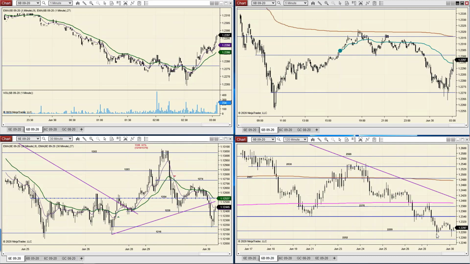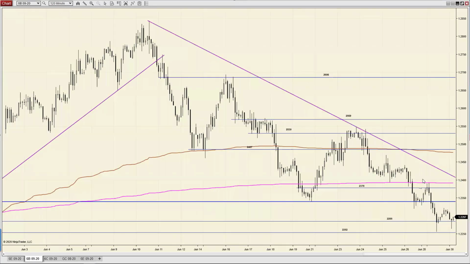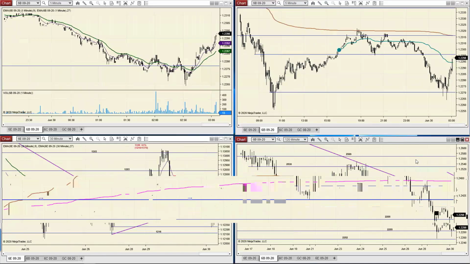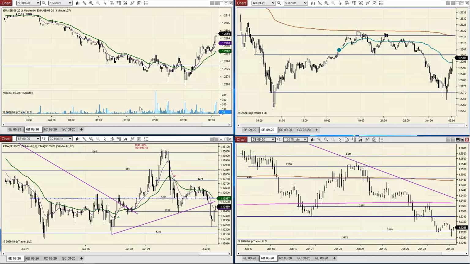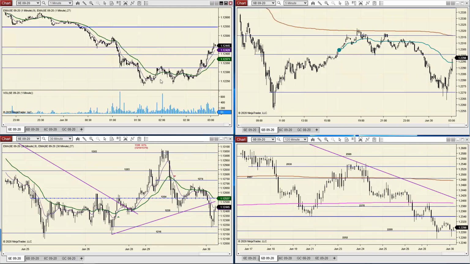I think 22.74 was the 78%, and on an even bigger time frame, if you look further out on the spot, it's a 38% from those lows we had a few months back. So rather oversold. Maybe we'll get a little bit of a push up. We are seeing it right now with the cable and also with the euro.